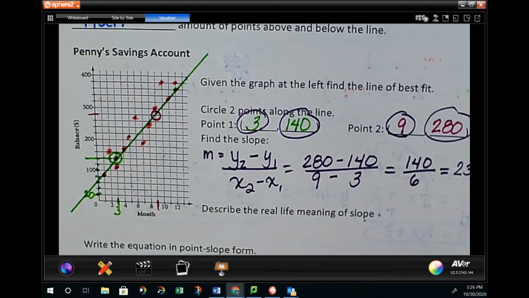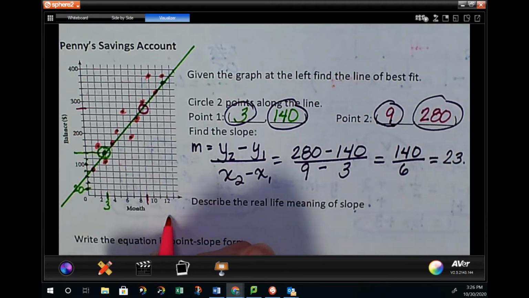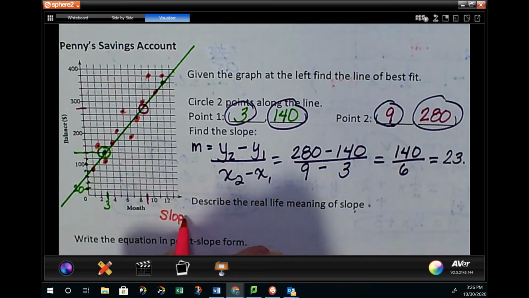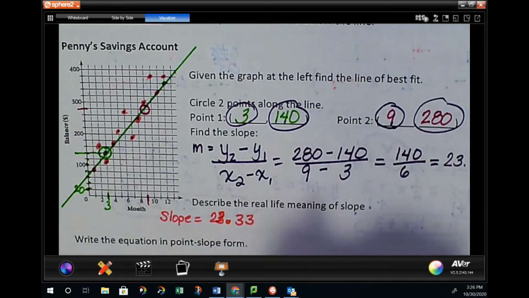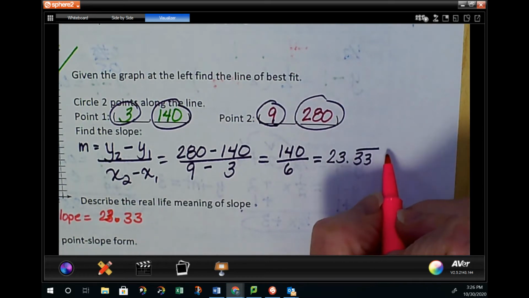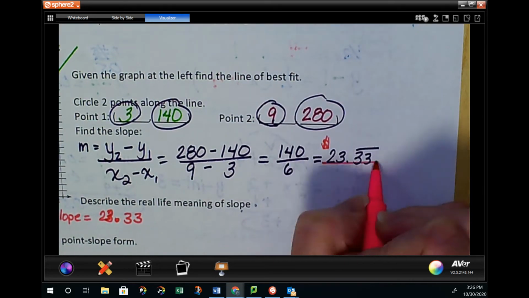We just figured out that the slope is equal to 23.33. Okay? Basically that means this is your money per month, every month.